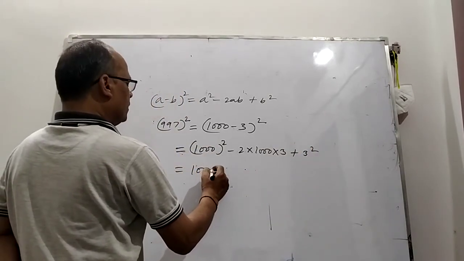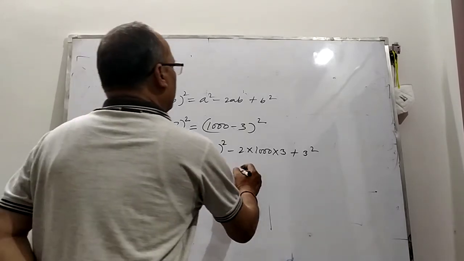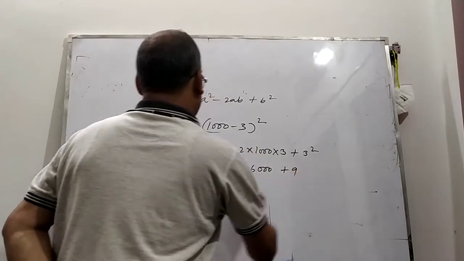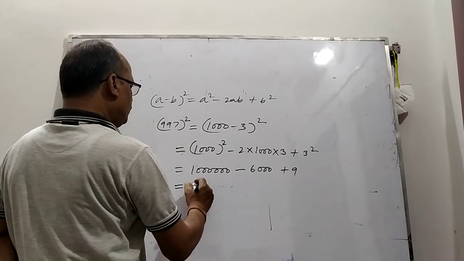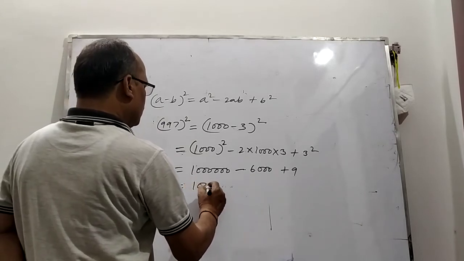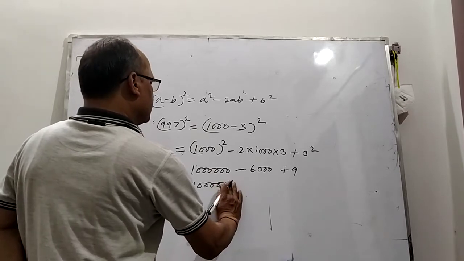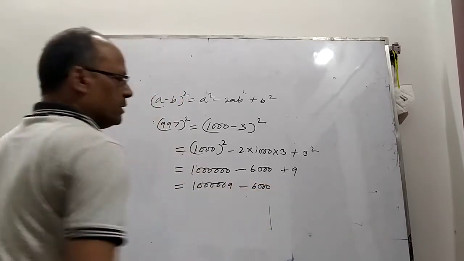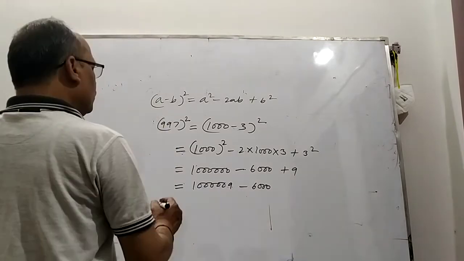Okay, write this: minus 6000 plus 9. Then it will be 9 minus 6000. Now we'll find this value.